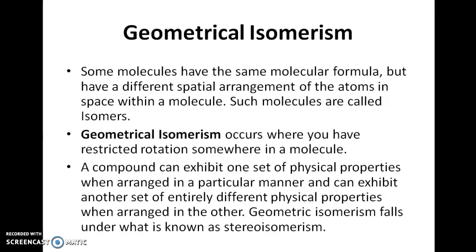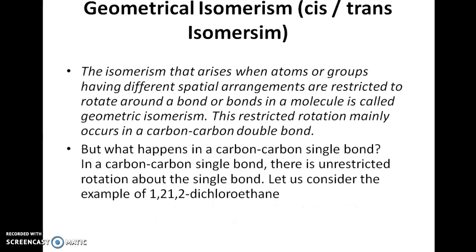Geometrical isomerism arises when atoms or groups have different spatial arrangements, observed due to the restricted rotation of a bond or bonds in a molecule.